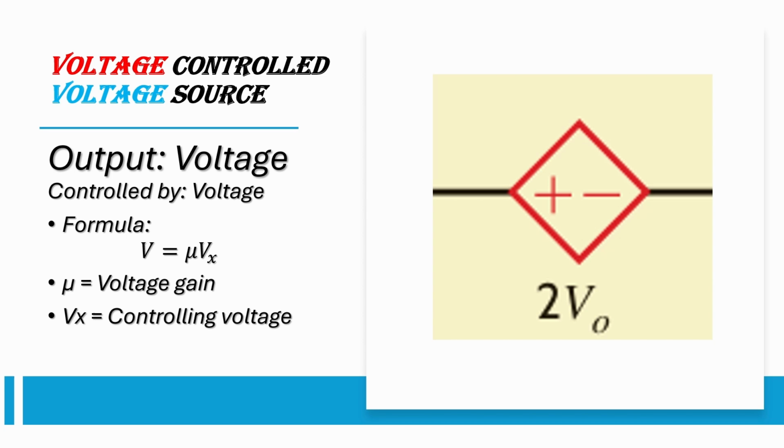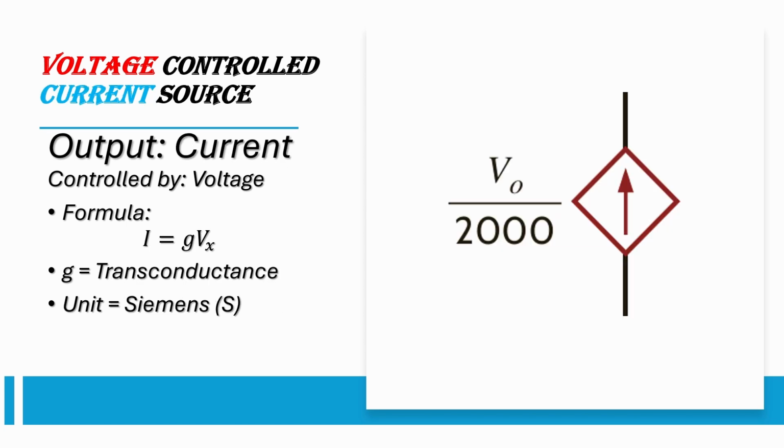The multiplier used here is known as the voltage gain. Next is the voltage-controlled current source, or VCCS. This source puts out a current that is controlled by a voltage. The relationship between that voltage and current is defined by transconductance, which we measure in a unit called Siemens.